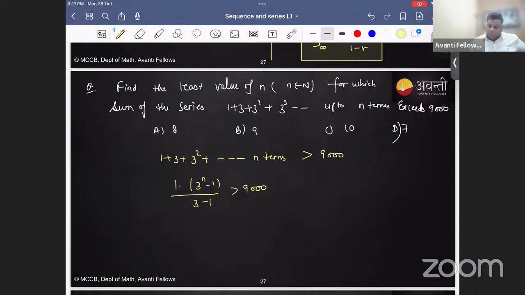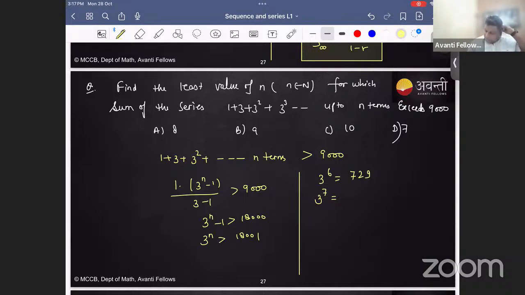Yes or no? So what do you want? That 3 to the power n minus 1 should be more than 18,000. So 3 to the power n should be more than 18,001. Correct? Now I know 3 to the power 6 is 729. 3 to the power 7 is what?